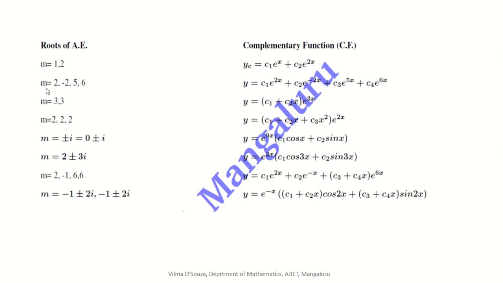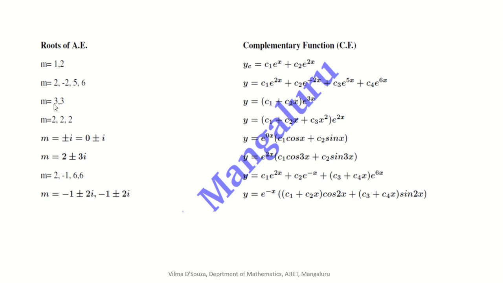Now if you have four roots, all are distinct, all are different, how do you write down the CF? Corresponding to 2, it is c1 e power 2x plus c2 e power minus 2x plus c3 e power 5x plus c4 e to the power 6x.